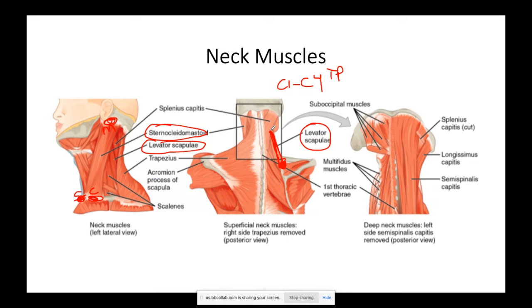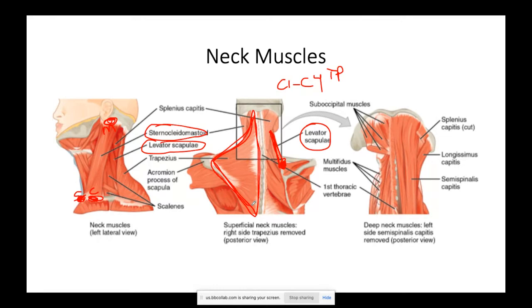When it contracts bilaterally, it can shrug both your shoulders up. Okay, but you can only see that if you dissect and pull away the trapezius muscle, right? The trapezius, it looks triangular.